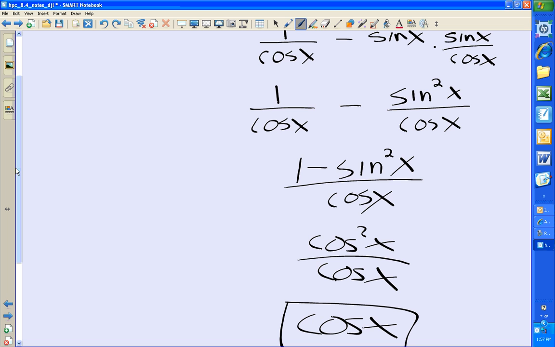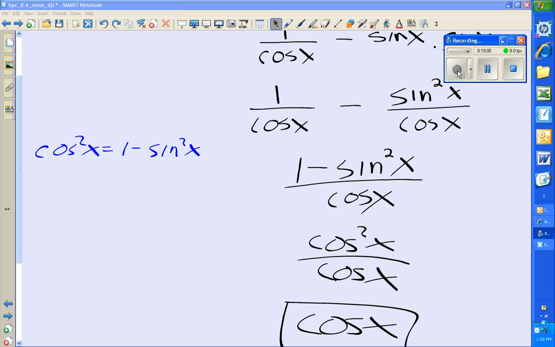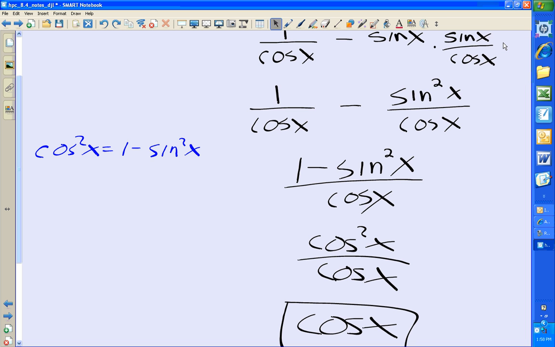One minus sine squared is cosine squared. You're at the mercy of what you know. If you try to fake it, it blows up bad. Remember, this starts off with sine squared x plus cos squared x equals 1.